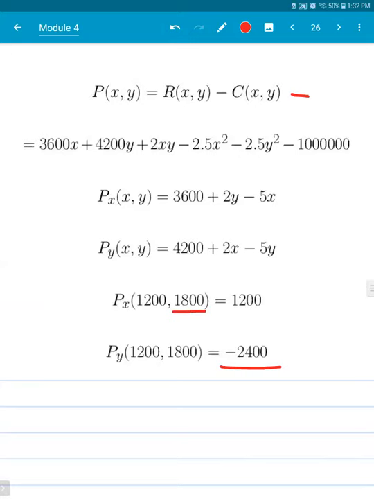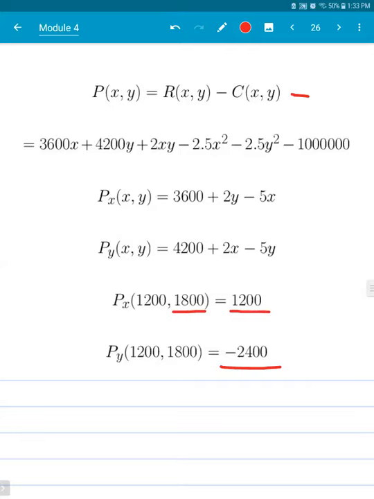One more unit of type A calculators, on the average or approximately, my profit will increase by that amount. Now you can state that in your own words, or the more formal way to state it is this. Okay, per unit increase in type A calculators, there will be a 1,200 peso increase in the profit. That's as simple as you can state it.